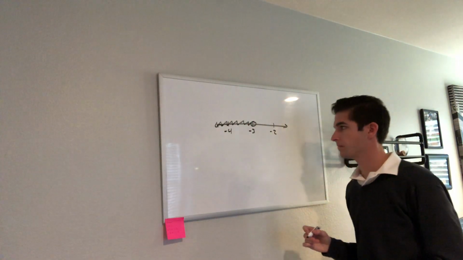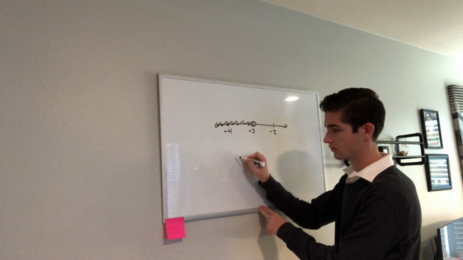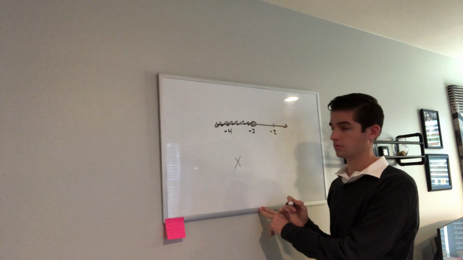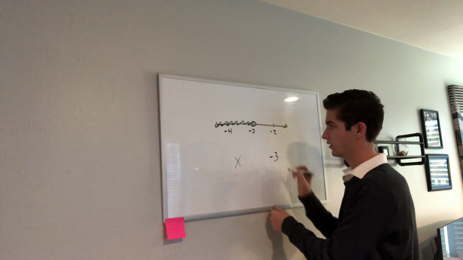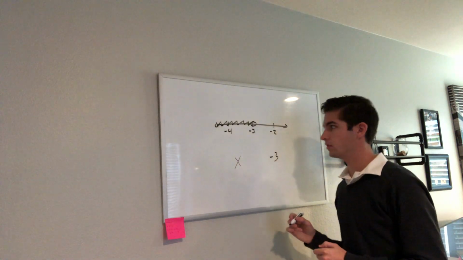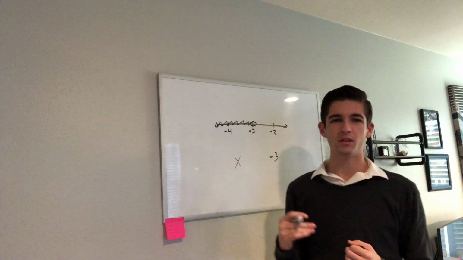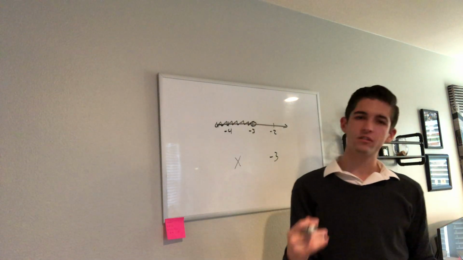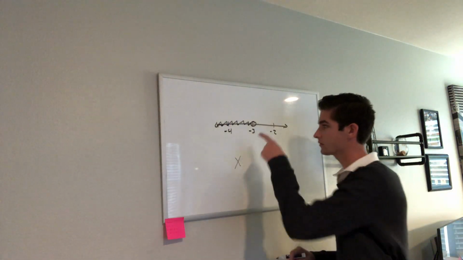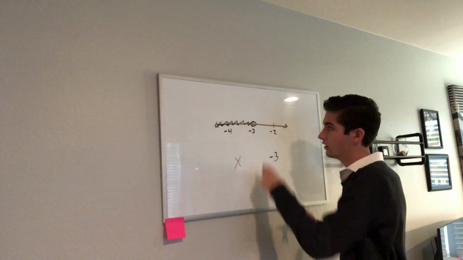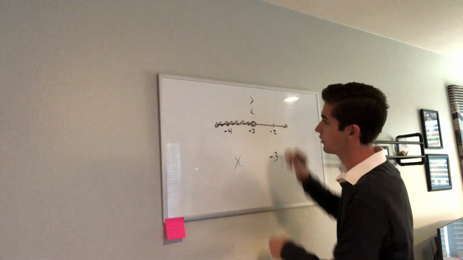Okay, so first, we know we're going to have an x, right? We could always start with an x. We know that we're going to have a -3. Now we have to determine what inequality symbol we have to use. Is it going to be equal? Is it going to be is less than? Is it going to be greater than or equal to, less than or equal to, right? We have 5 we could choose from. Because it's an open dot, we know it has to be less than or greater than.